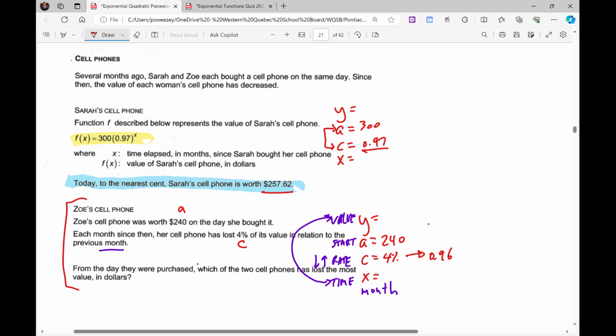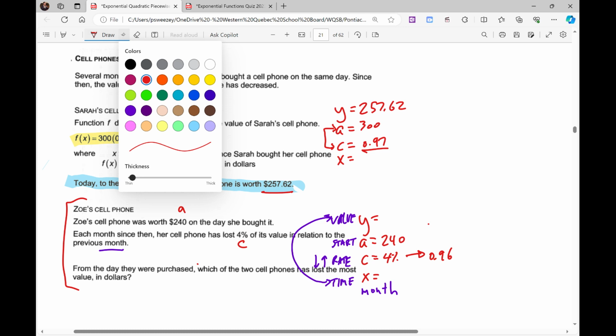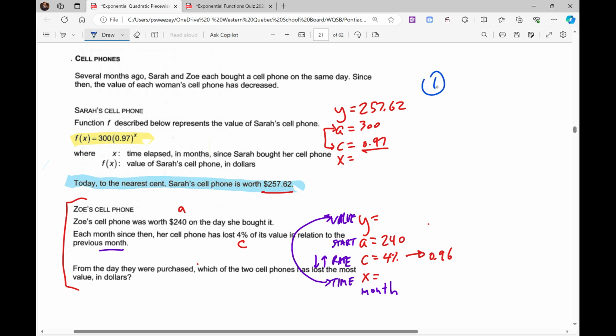It's a value. So is it a Y or is it an X for Sarah's cell phone? Sarah's cell phone would definitely be a Y. Good job. So you have a Y value, you have an A value, you have a C value. Now we can actually go ahead and use this. We've done all our setup. So step one, find today, meaning find X.